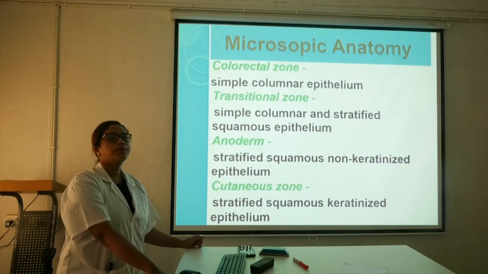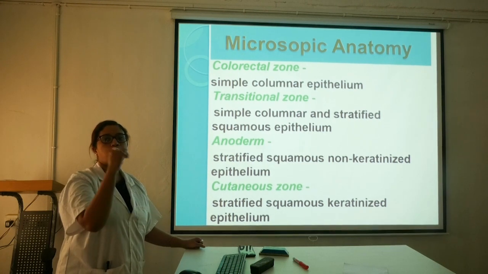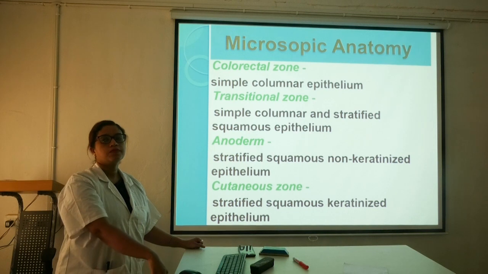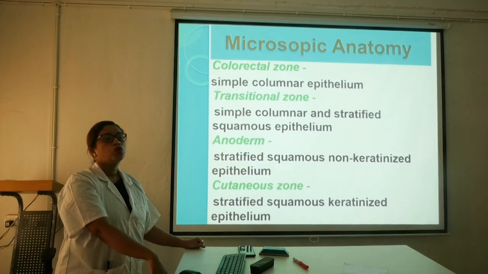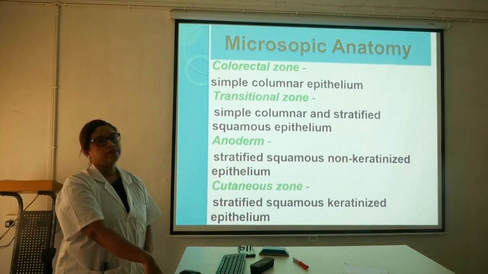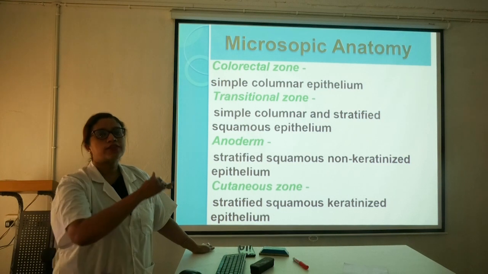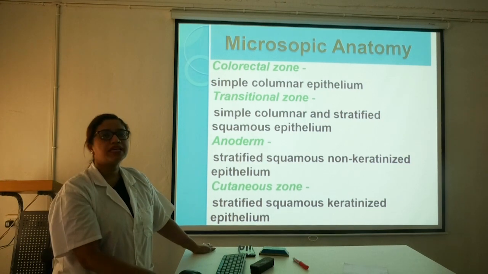We studied epithelium now. What is there in transitional epithelium? What is at the lowest border? What are the lining of transitional epithelium? You studied histology of epithelium, right? So what is right at the bottom? That is the basement membrane.